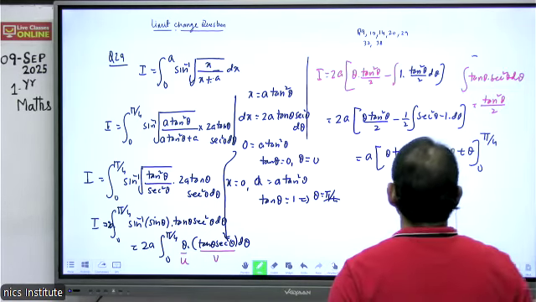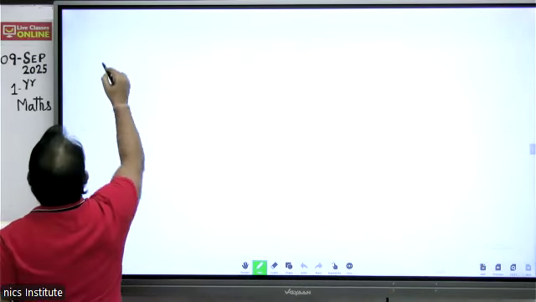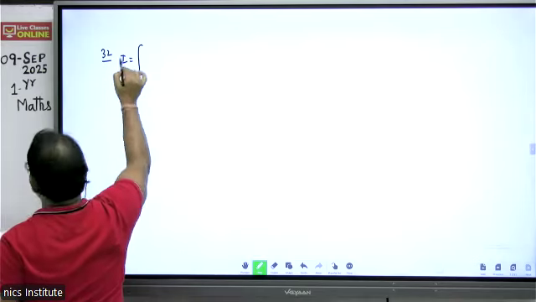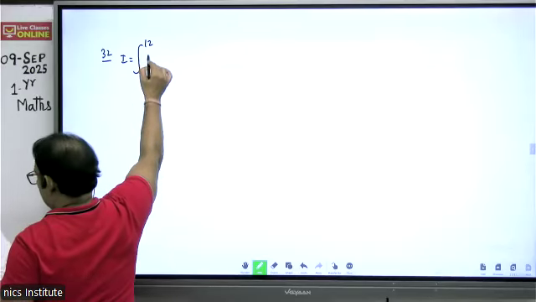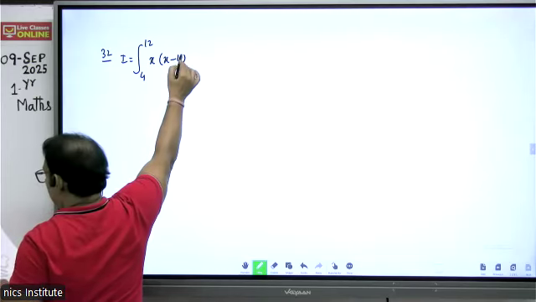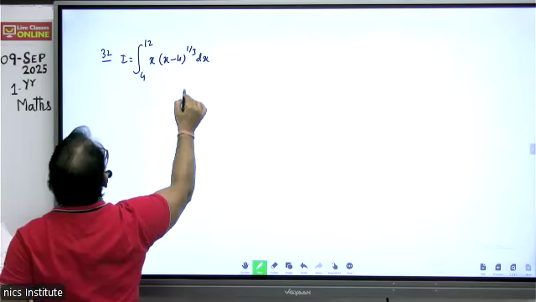Question 32. 4 to 12, x minus 4 to the power 1 by 3. So what to substitute?